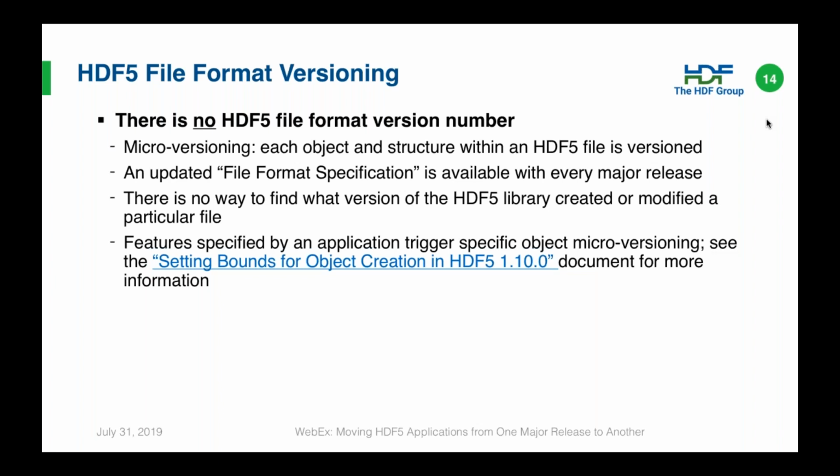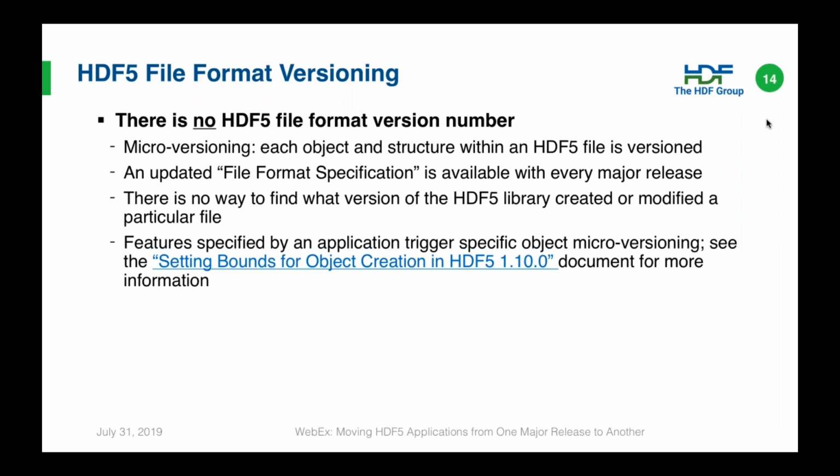In HDF5, as I mentioned, there will be no HDF5 6. That's why the file format is just one version. What happens when we need to add new features? We use micro versioning. Each object and structure within an HDF5 file is versioned. We publish our file format specification every time we do a major release.